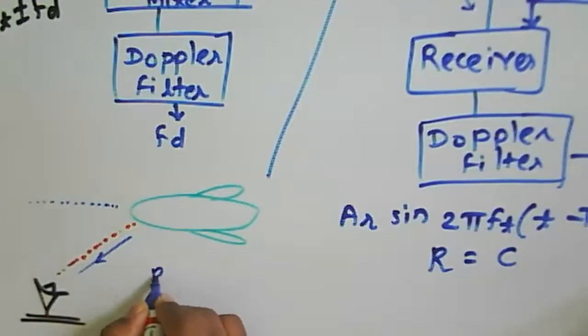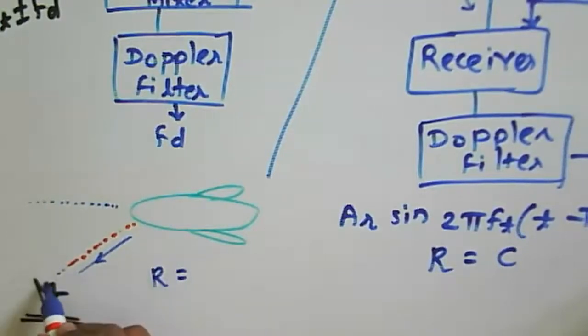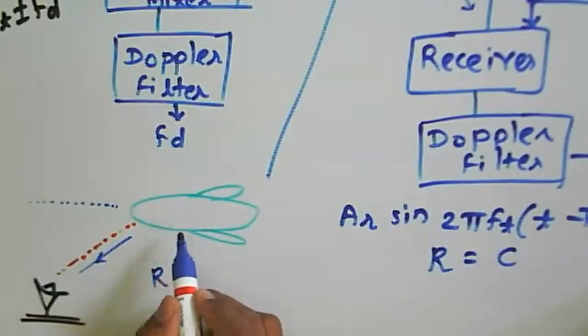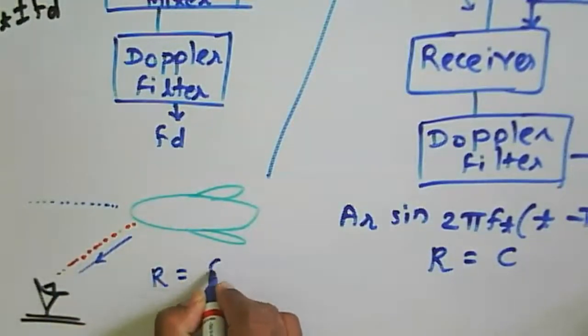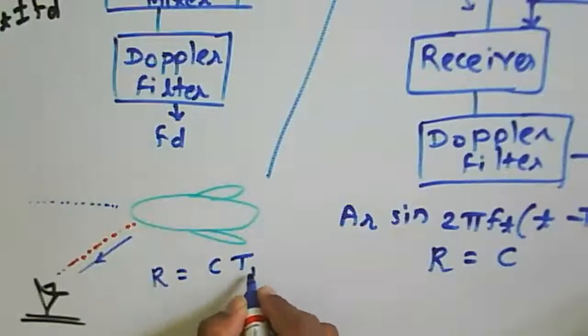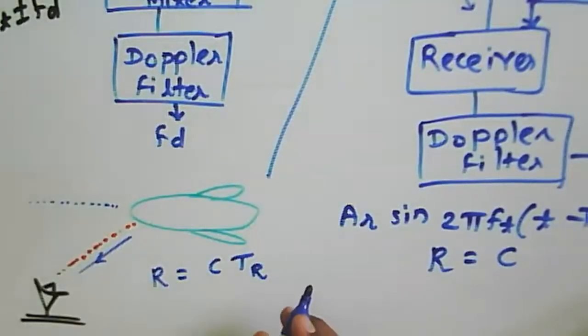So that's why we are getting the range from this antenna, or from this radar to the target. R is equal to c times t over 2, where t is the transit time. We transmit the signal from the radar toward the object, and then it reverts back.